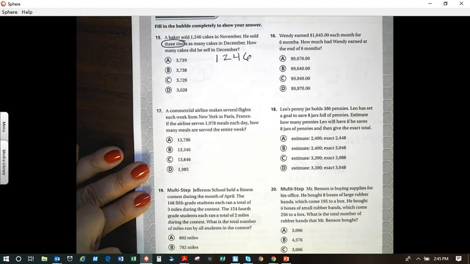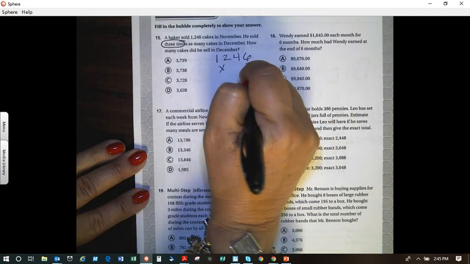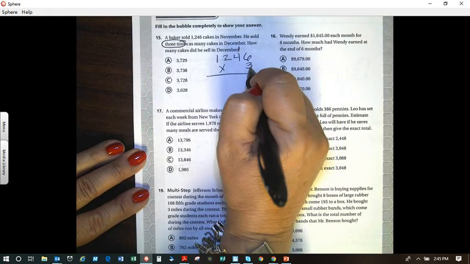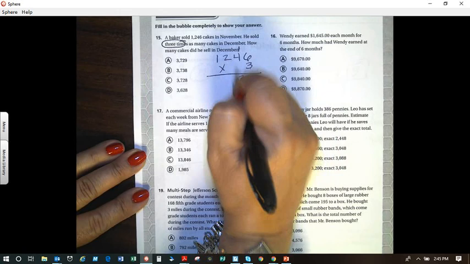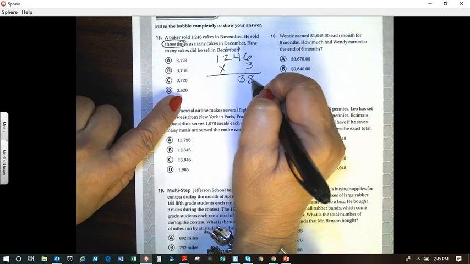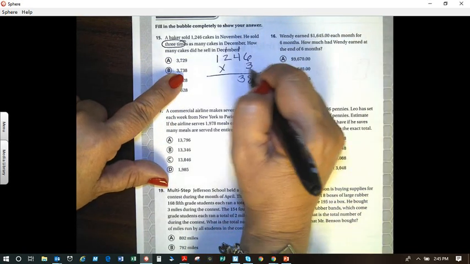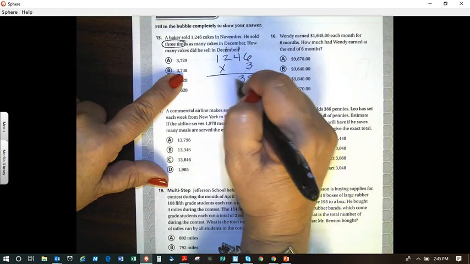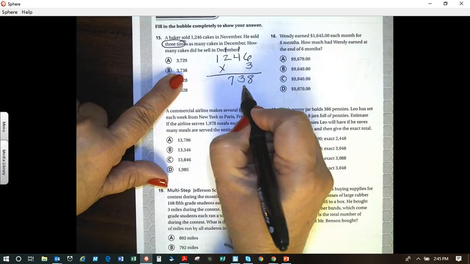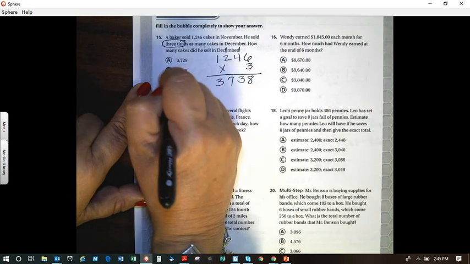Yeah, times 2, but this time he sold 3 times as much, so I'm going to multiply that by 3. 3 times 6 is 18. 4 times 3 is 12, plus 1 is 13. Do you already see something that you can isolate? So I have an 8 and I have a 3, so I'm probably going to be the answer B. 3 times 2 is 6, plus 1 is 7. Oops, do you see that? 3 times 1 is 3, and so you can start looking to see where your answer closest to.